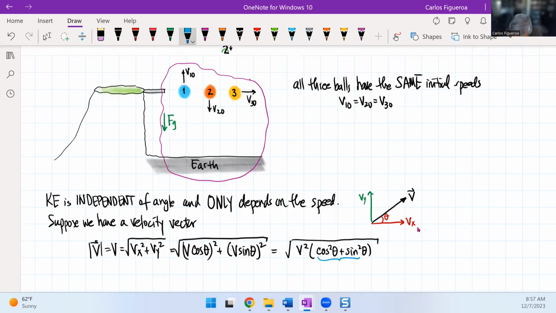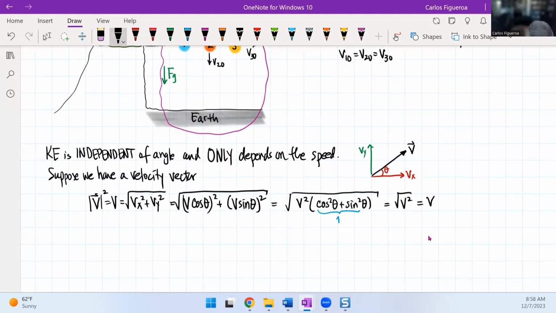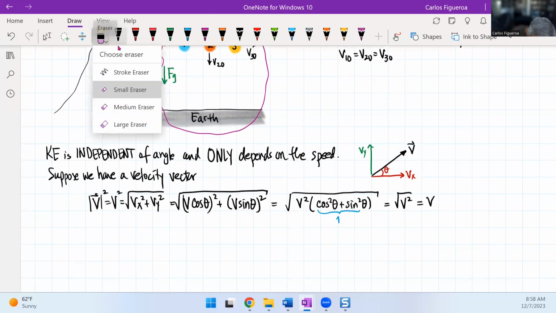Cosine squared plus sine squared is equal to 1, which then means that this is the square root of v squared, which is equal to V. In other words, you know what? I actually made a mistake. I should have squared this. I do not want the square root. That was my error.